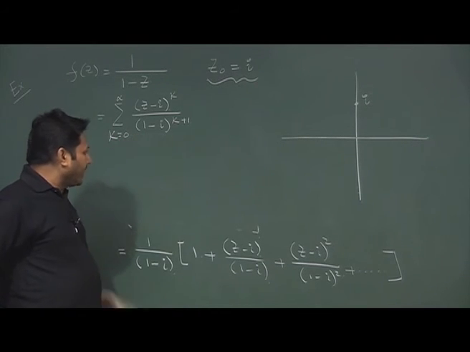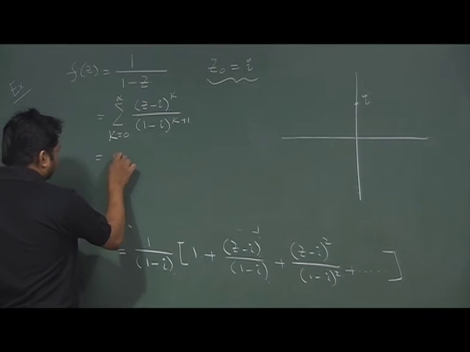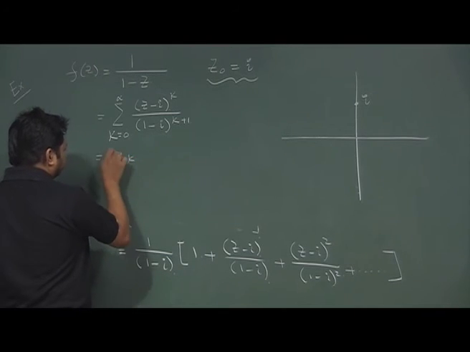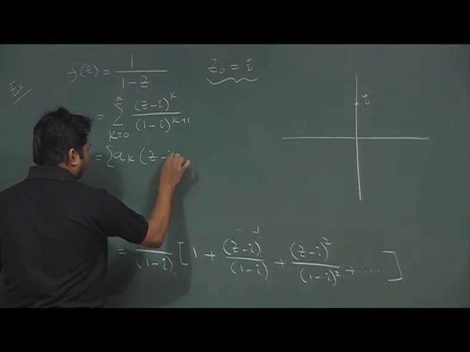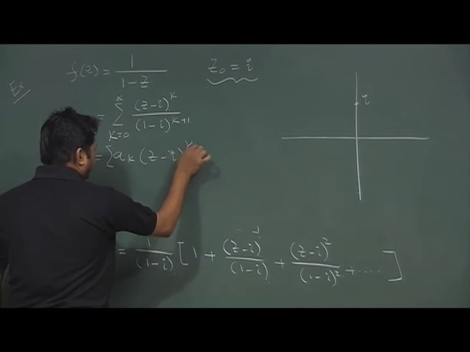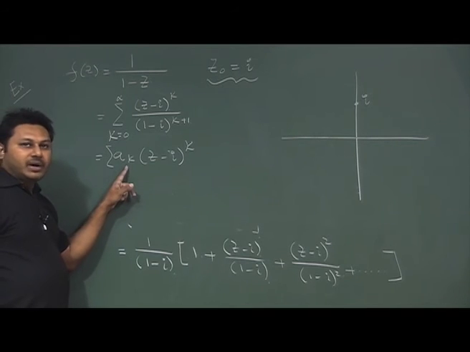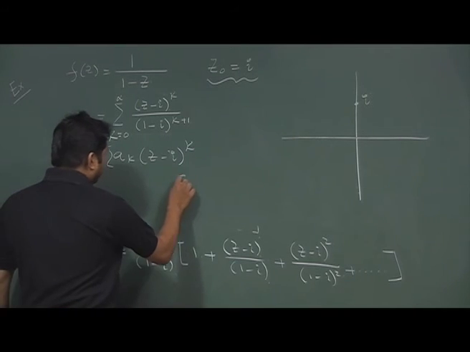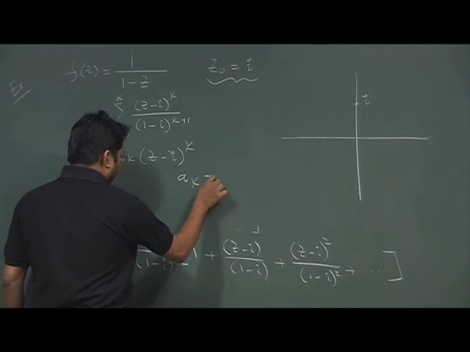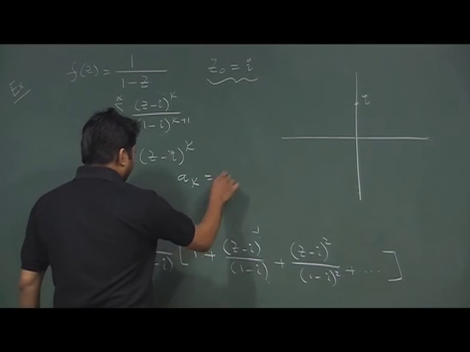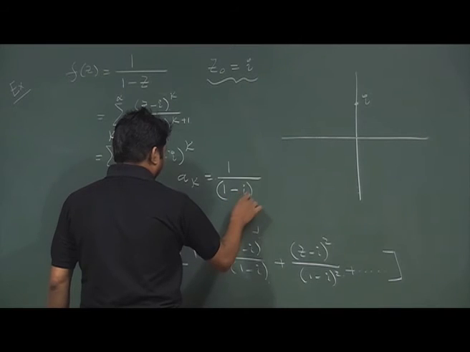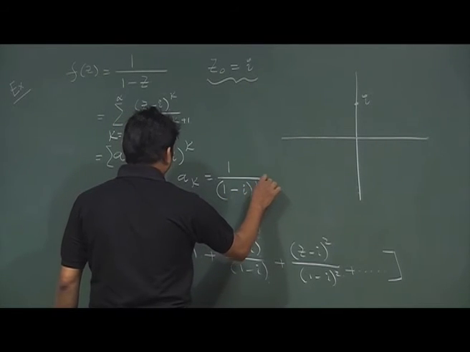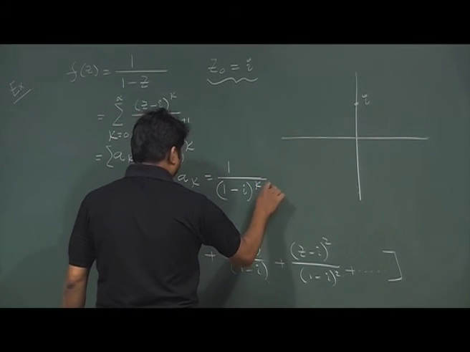Now, it is equivalent to the power series, as I mentioned. That means I can now find what my a_k is. a_k is 1 divided by (1 minus i) to the power of k plus 1.